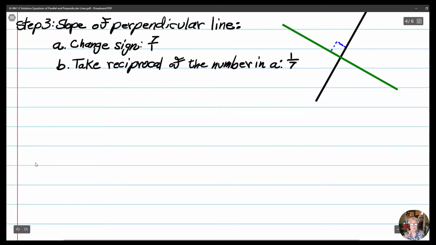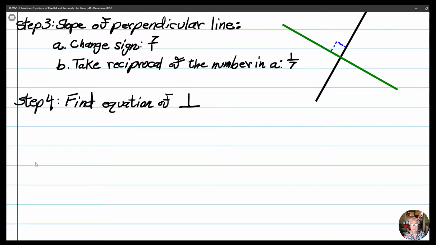Now we're just going to do what we did before. Step 4, find the equation of the perpendicular line. This is the symbol that means perpendicular. Okay.